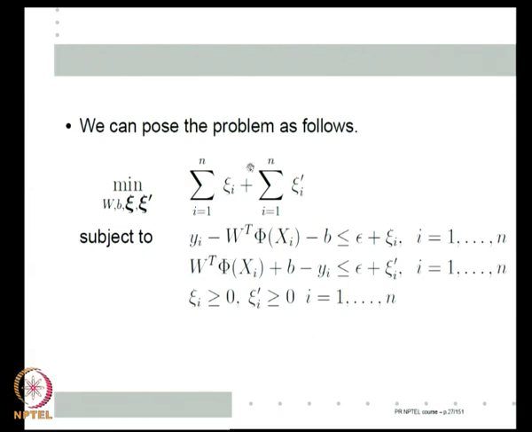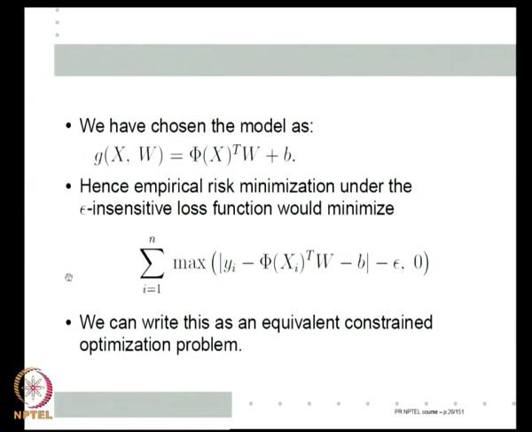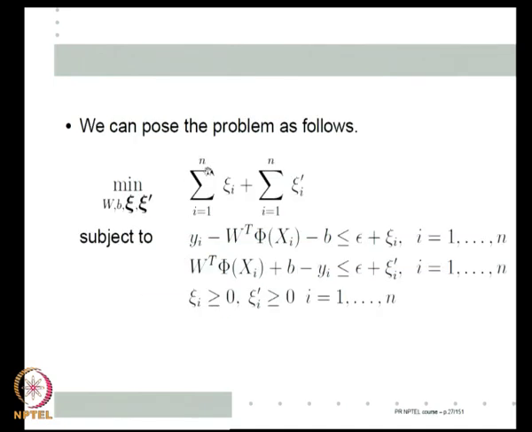Of course, I am trying to find w, b, ξ and ξ prime to minimize this while satisfying all this. This is a nice problem, which is exactly the same as minimizing this empirical risk. As I said, minimizing this empirical risk is equivalent to solving this constrained optimization problem.